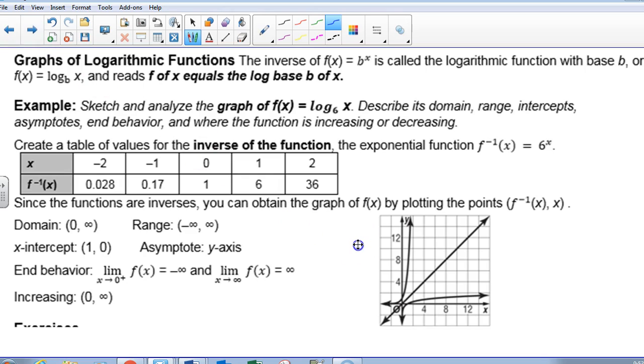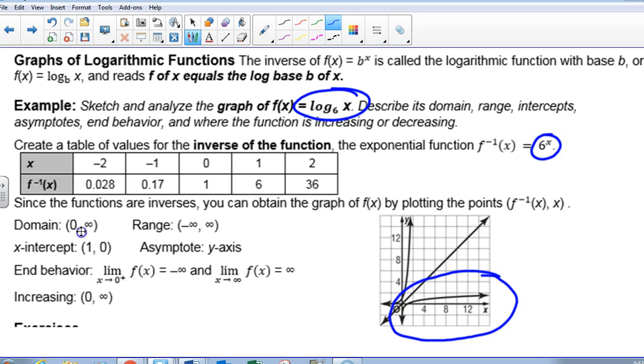Okay, you do have this one as an example, it is a base 6. It asks you to do the log base 6. So it first graphs 6 to the x, which is this one, and then it reverses the ordered pairs, and it goes through all these properties. The domain, this is the graph we're talking about now, the log.